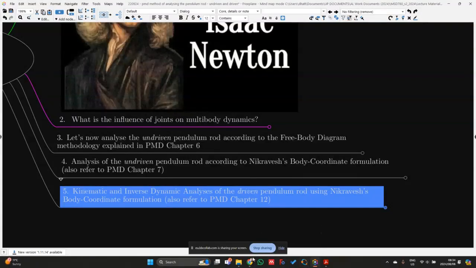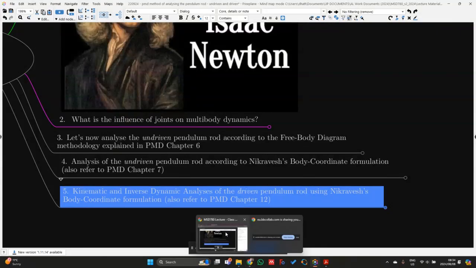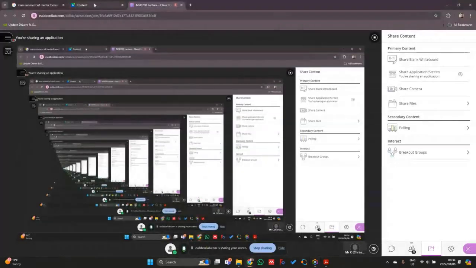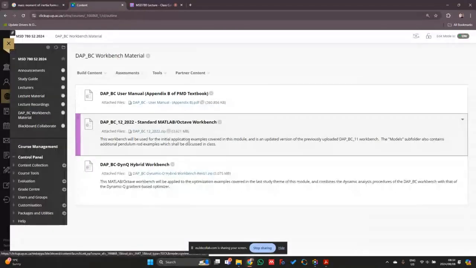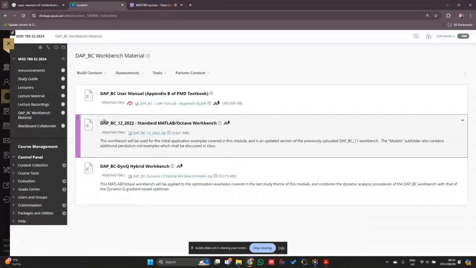To first start off with where you can find the workbench: if you head to ClickUp, you'll see this DAP-BC workbench material section over here. Yesterday I uploaded the recent version, DAP BC 12 2022. Previously it was DAP BC 11.